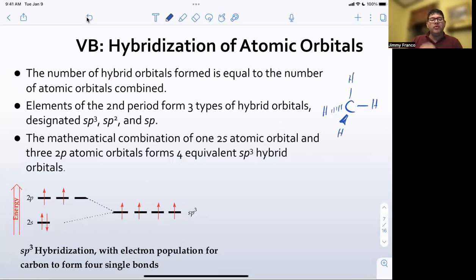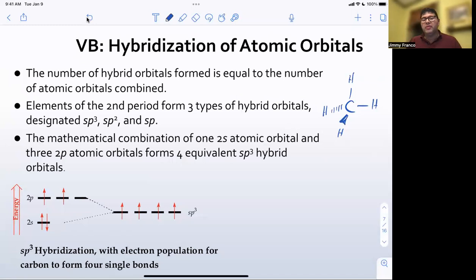If it was true that one of them was an s and the other 3 were p's, one of these bonds would be really short, because it's that sphere, so it'd be sitting close to it. And the hourglass shape of the p orbital is a lot longer, so the other 3 would be longer. But that's not actually what it looks like. All 3 bonds are exactly the same. So what happens is we actually smash the two together, and we make these hybrid orbitals.